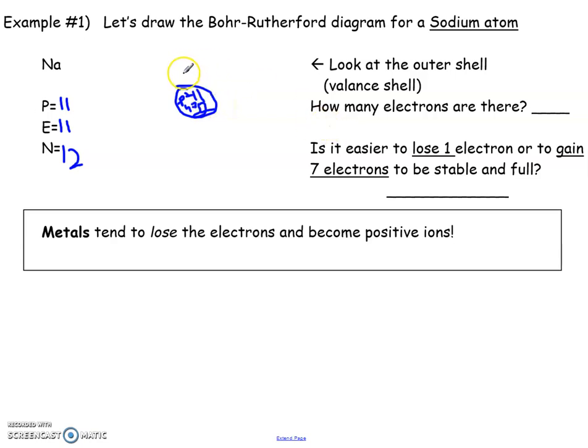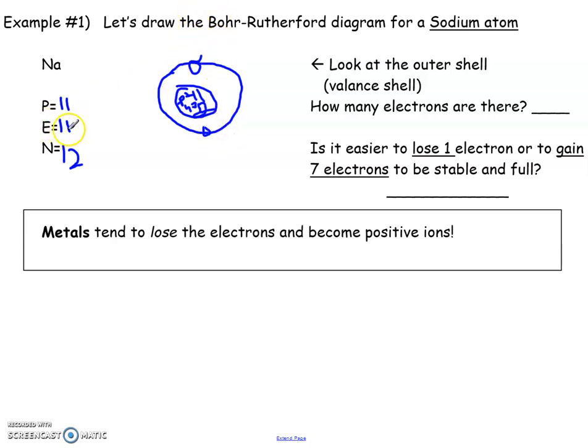So we're now going to draw our 11 electrons. Our first orbit can hold a max of 2. There's 1, and there's 2. There's our 2 electrons.